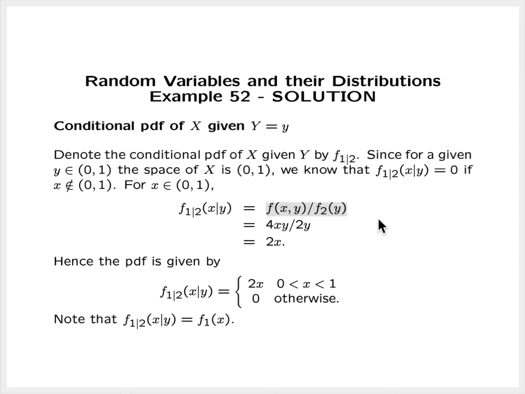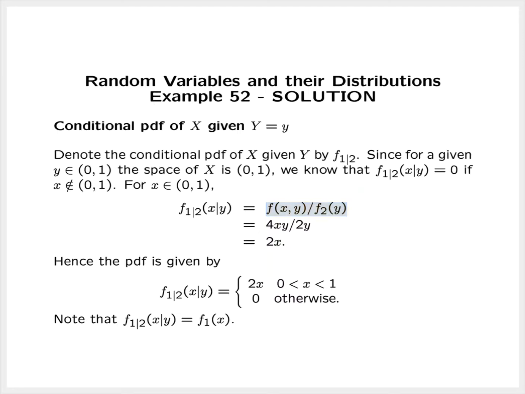Now, for values of x and y that are both in the unit interval, the joint PDF of x and y is 4 times x times y, and the marginal PDF of y evaluates to 2 times y. And so when we simplify this, we get 2x.